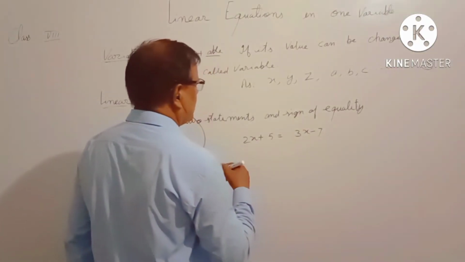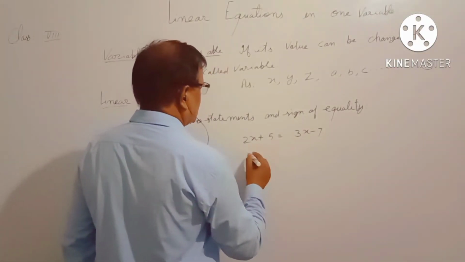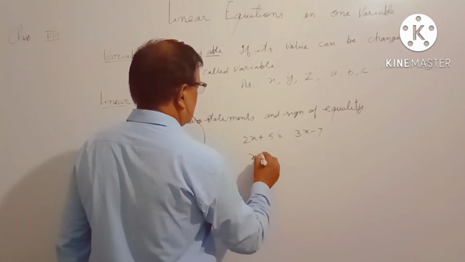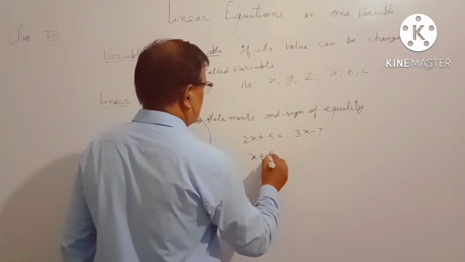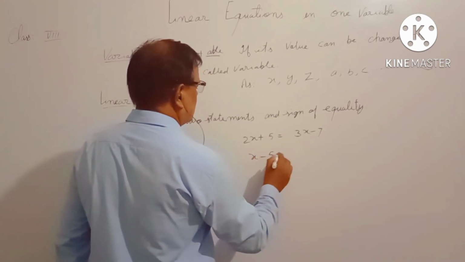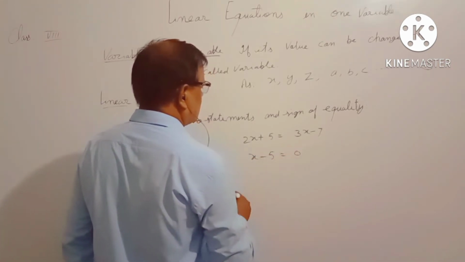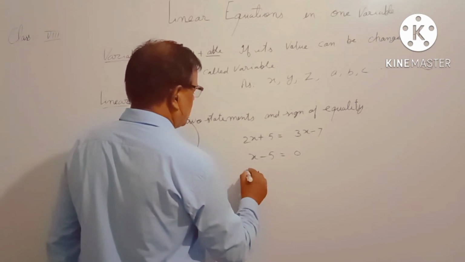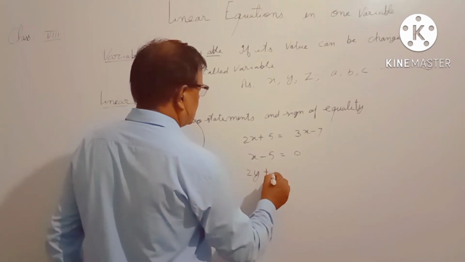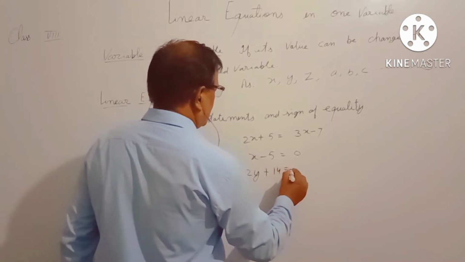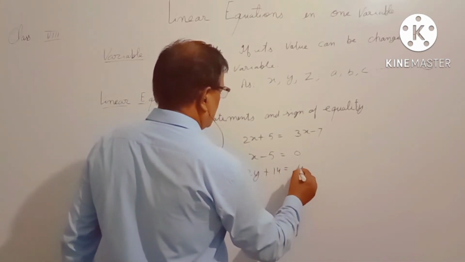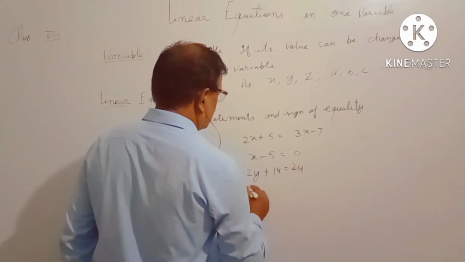We have two variables, but we will study only one variable, such as x plus 5, x minus 5 equal to 0. It is also an equation, or 2y plus 14 equal to 4, or we can write 24 also.